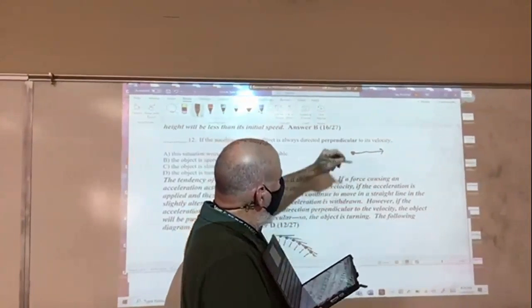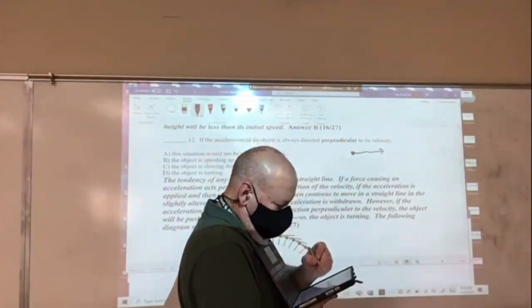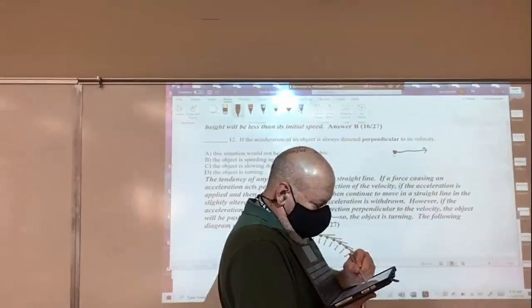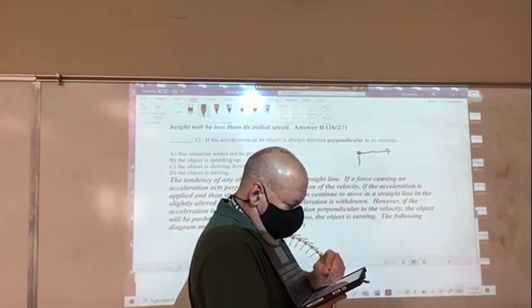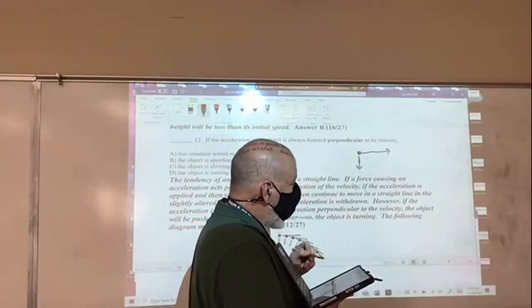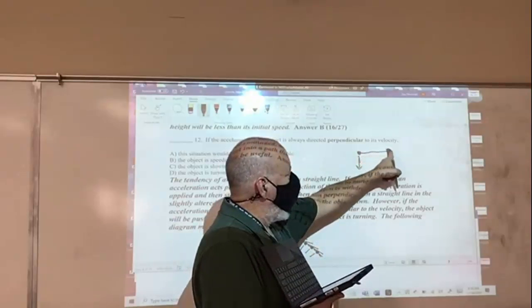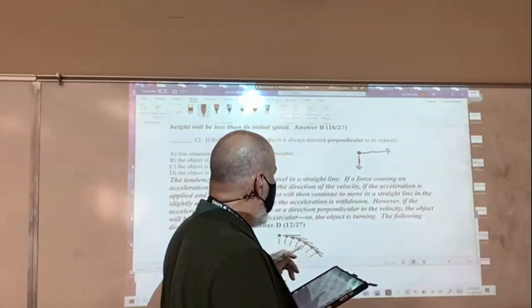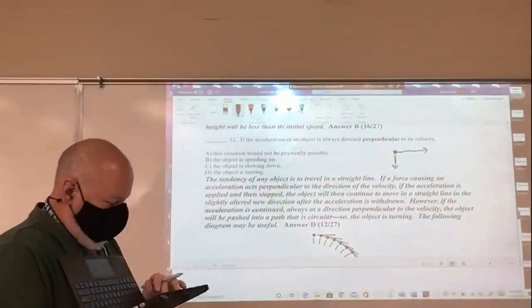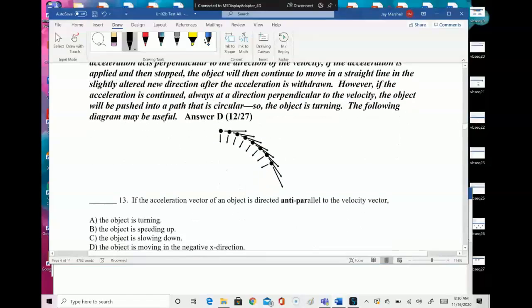But if I have an acceleration on this, if I have a net force acting on it, at the same time it wants to go this way, hopefully it makes sense that it's going to change its motion, right?